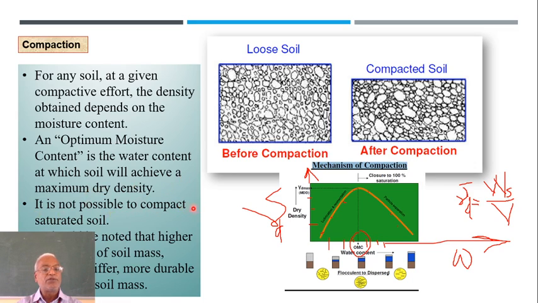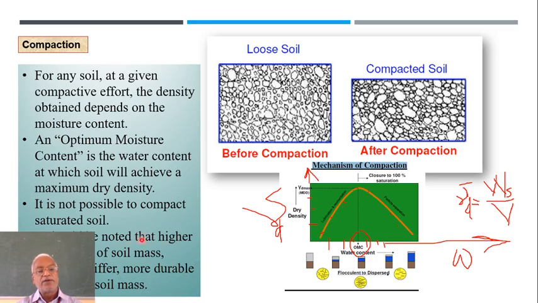It is not possible to compact saturated soil because you cannot remove the air voids. So because of that the volume will not decrease in case of saturated soil, a point to be noted. It should be noted that higher the density of soil mass, the soil will be stronger, stiffer, and more durable.